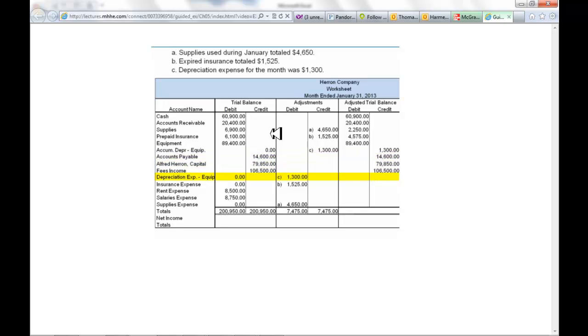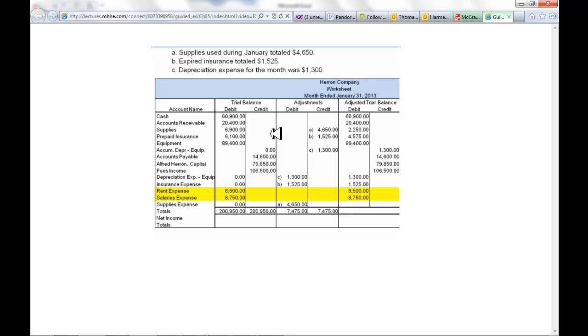Depreciation expense had a beginning debit balance of 0. We debited the expense account for $1,300, resulting in an adjusted balance of $1,300. Insurance expense, 0 plus $1,525, is an adjusted debit balance of $1,525.